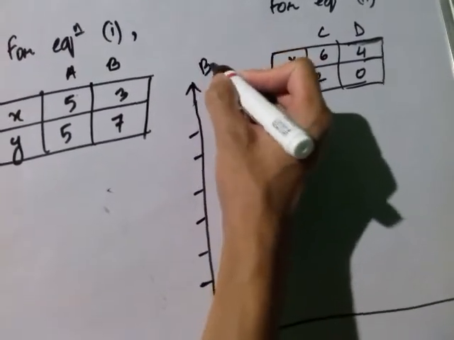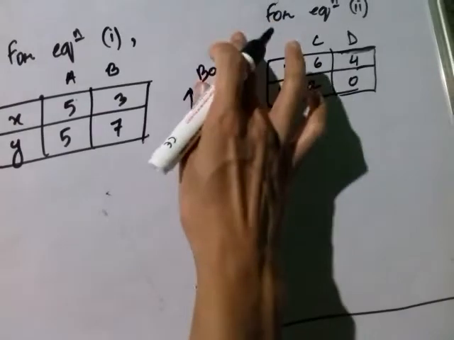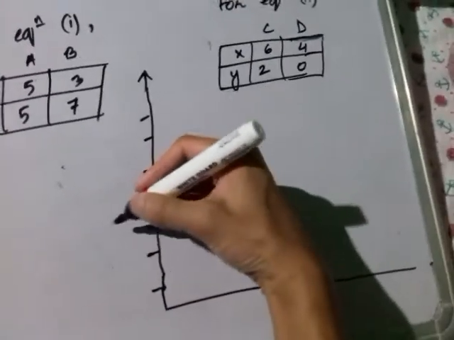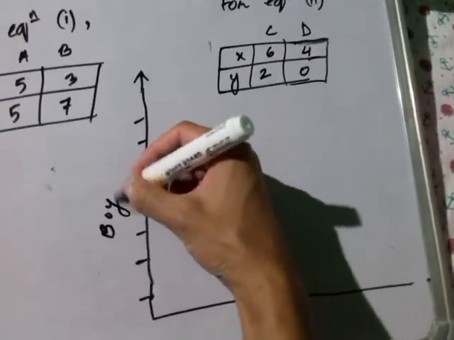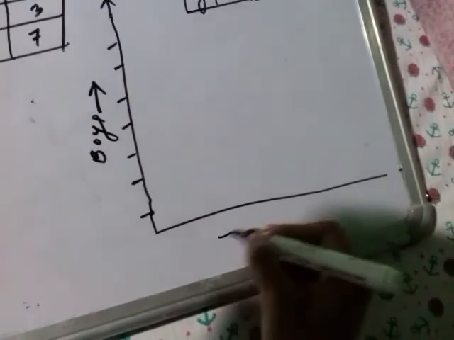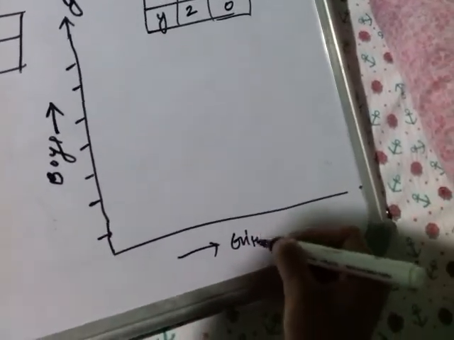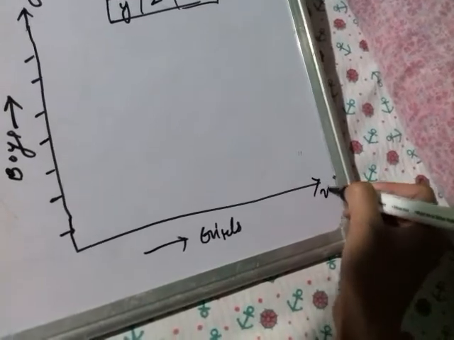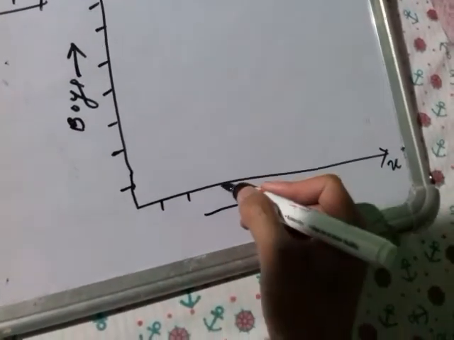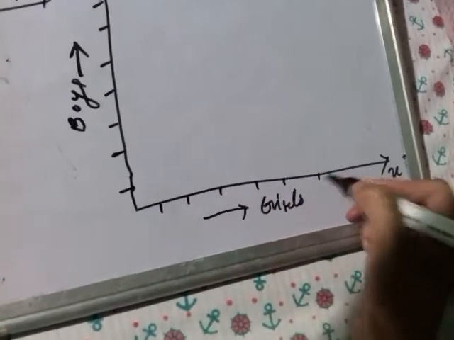Boys. You write like this. Boys, and this will be the y-axis, and this side will be girls. This will be the x-axis, because these are positive numbers now, so we take only positive. 3, 4, 5, 6, 7.